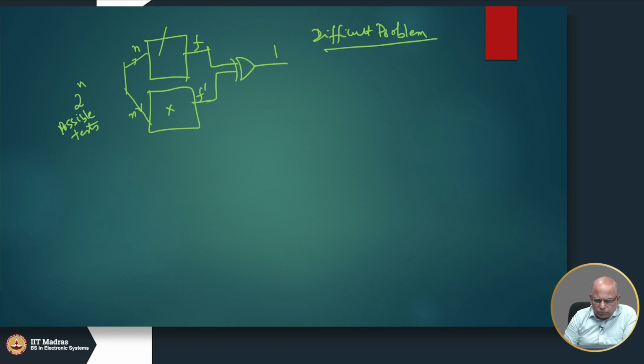So, this problem is sometimes called a satisfiability problem. In computer science, this is known as satisfiability. What does it mean? If I give you a circuit, and I identify one of the outputs and say, is there an input vector that you can apply to make this 1?